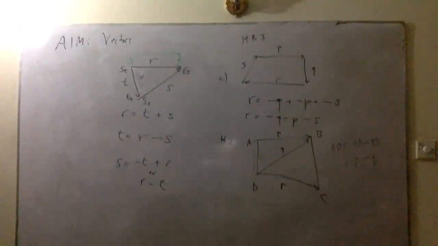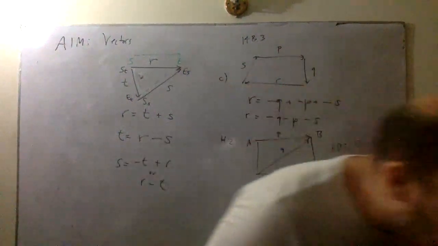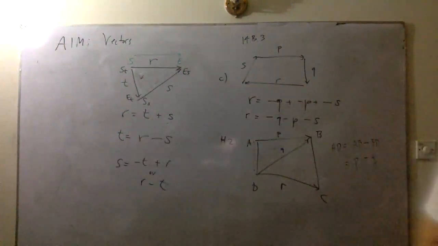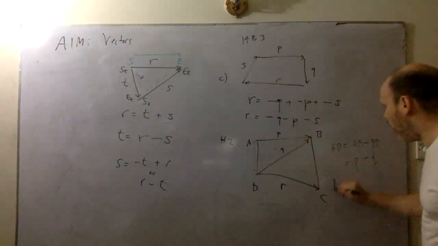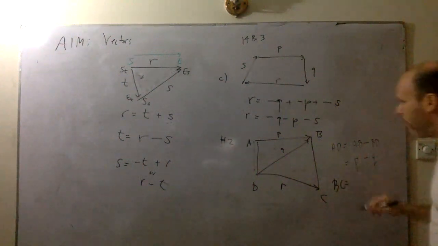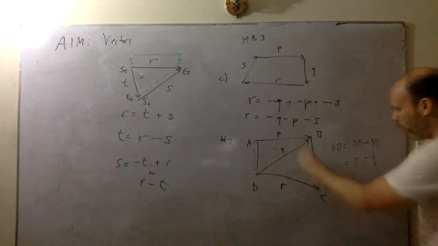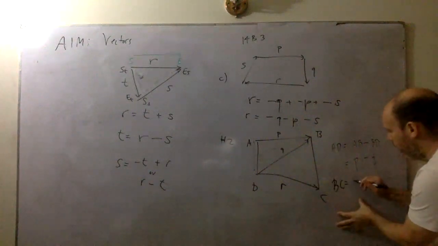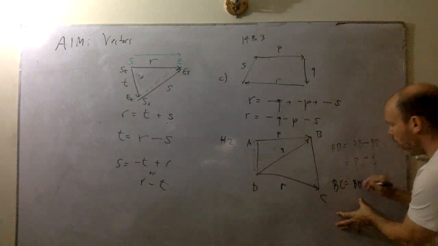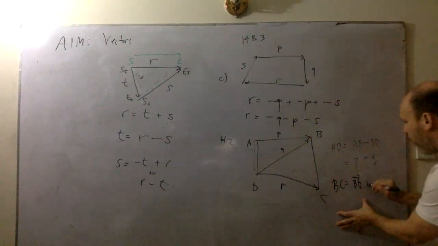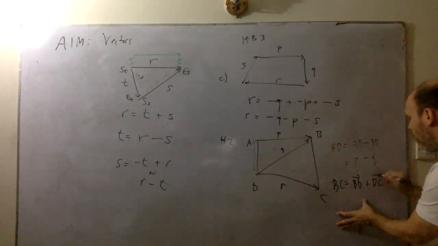Let's try another one. BC. How do we go from B to C? Well, that will be BD plus DC.